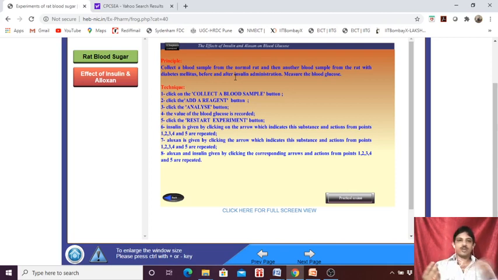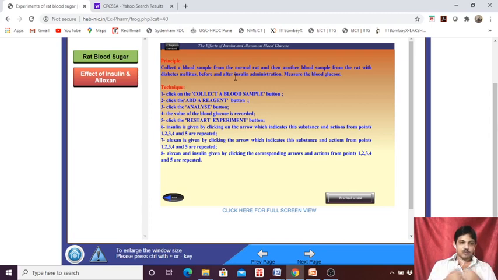We need to inject the alloxan, it will produce diabetes mellitus, but actually it is not that easy. We keep the animal for a particular time, then inject a specified amount of alloxan, like 60 mg per kg or 150 mg per kg. And what will happen after injecting? We have to keep the animal under supervision, because sometimes death also occurs.